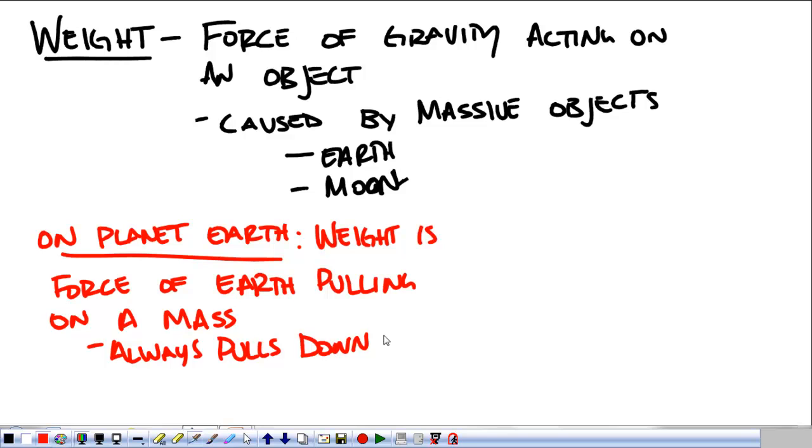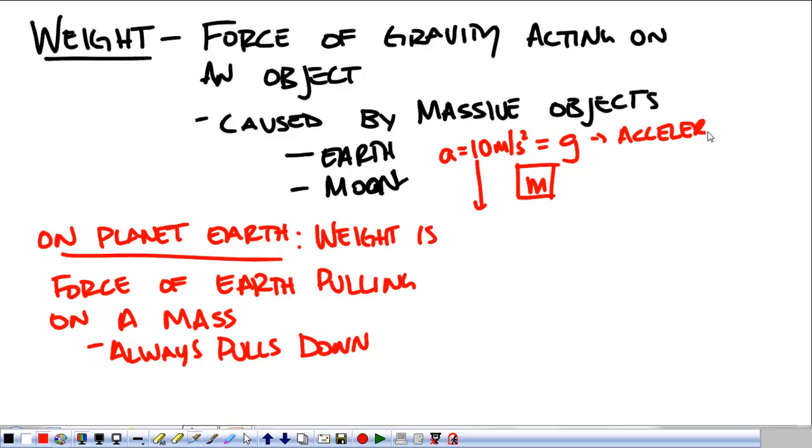Straight down towards the center of the Earth. So, if we look at an object, it's going to accelerate down when we drop that object at 10 meters per second squared. We're going to start calling that g. That's the acceleration due to gravity.